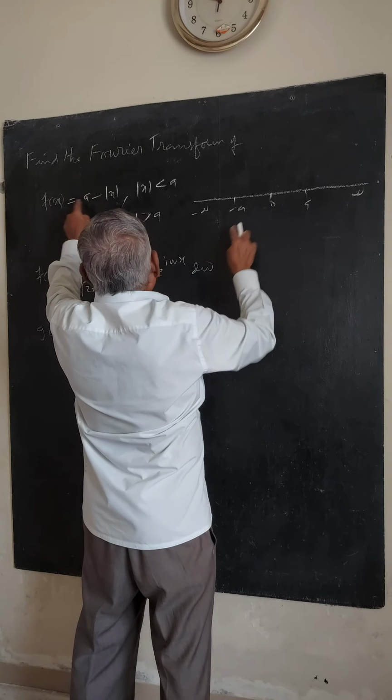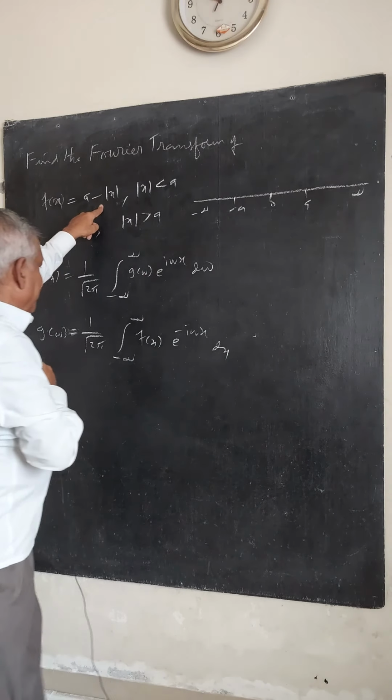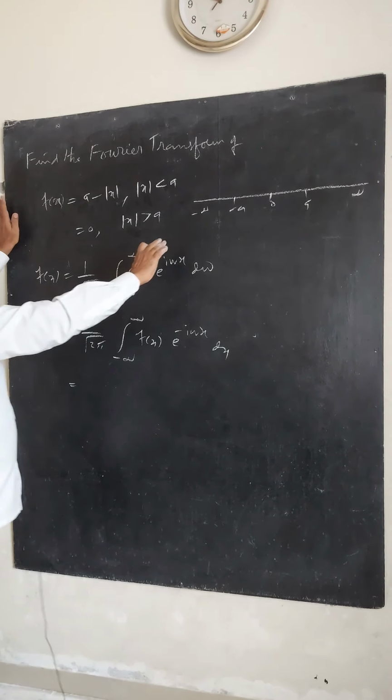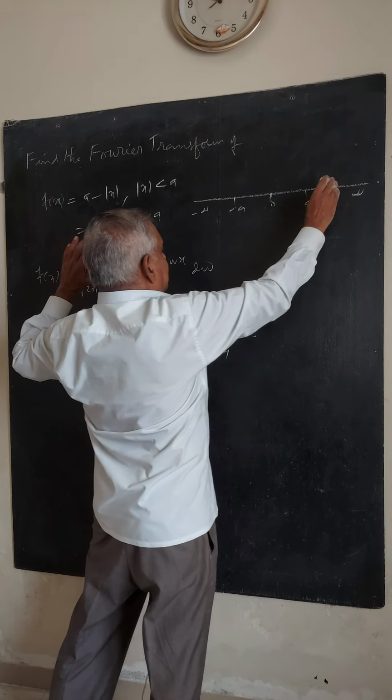In the limit −a to a, we have f(x) = a − |x|. Let us split into 3 parts: first, second, third.